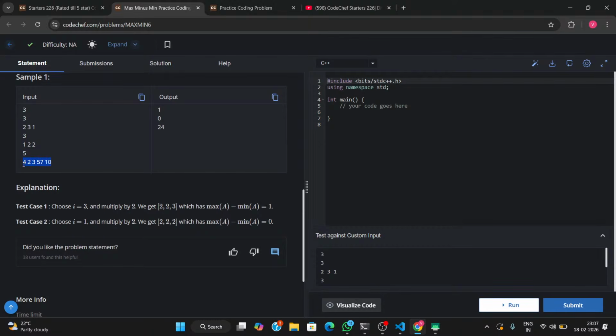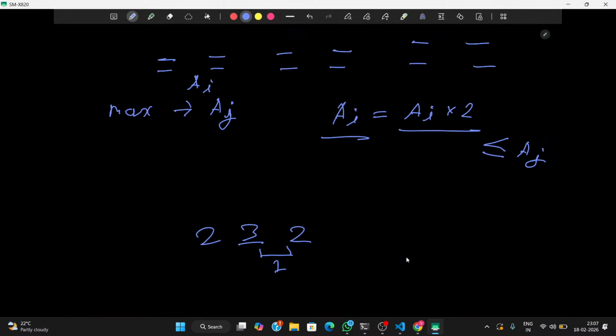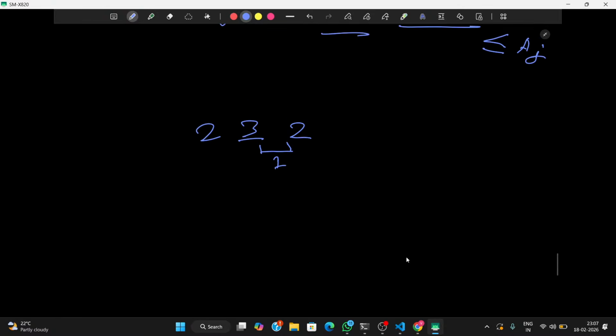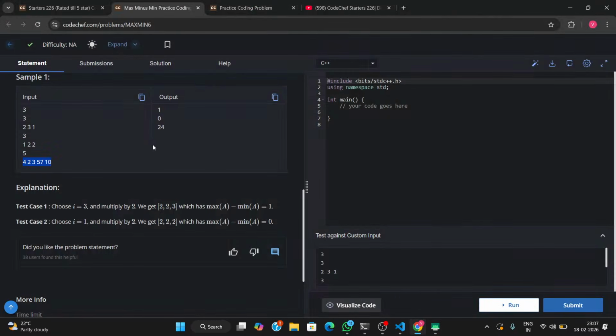But if you see the same thing in this question, suppose I take only 3, 57, and 10 for now. The answer was 44, 20.